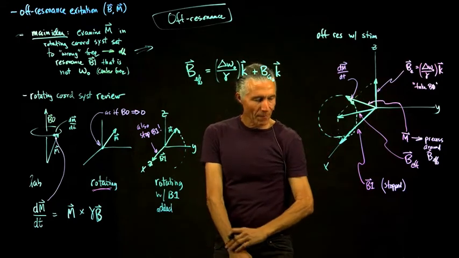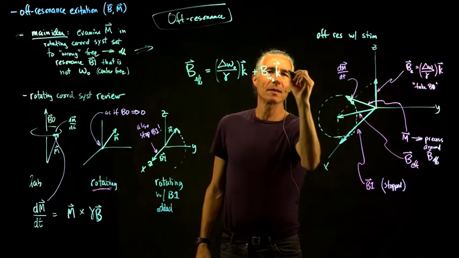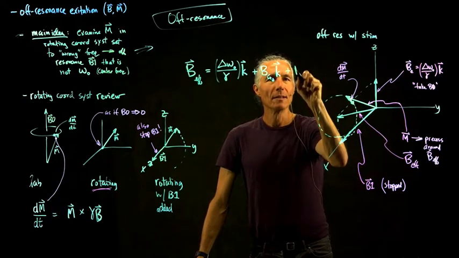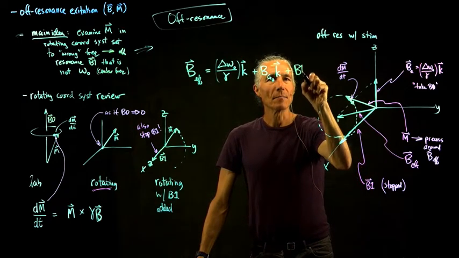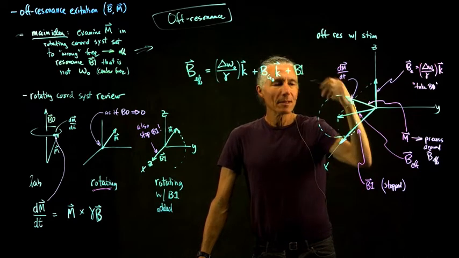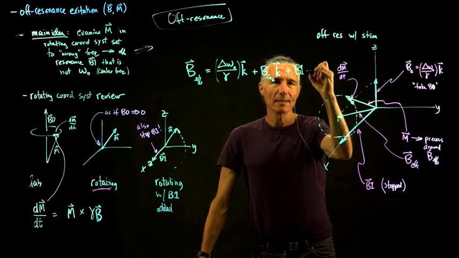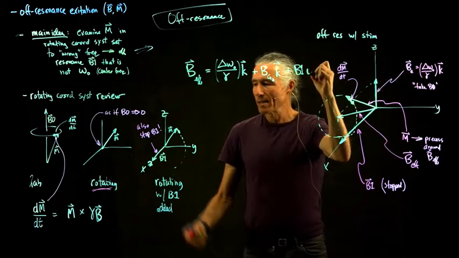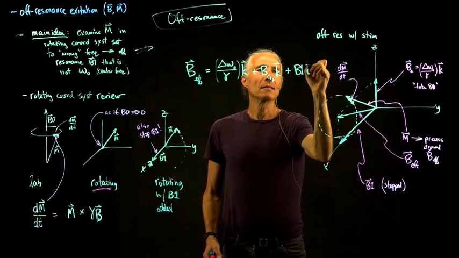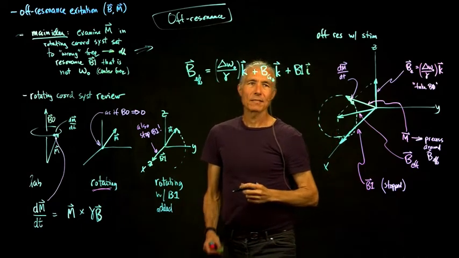And then finally, the other thing is the actual B1. So here's the amount of the B1. How much B1 stimulation did you do? That could be applied at different phases, but here we'll just say that we're going around the x-axis. So in that case, it's multiplied by the x unit vector.